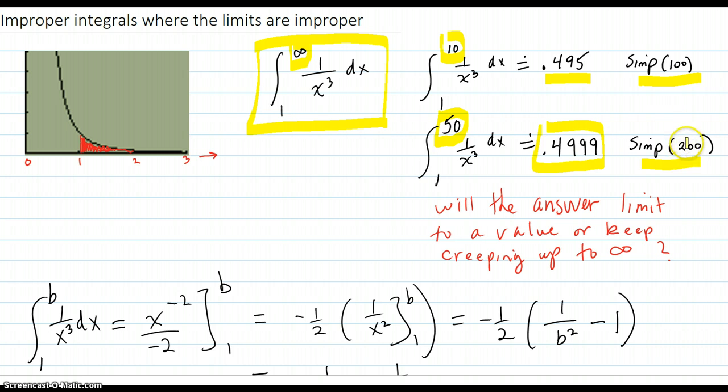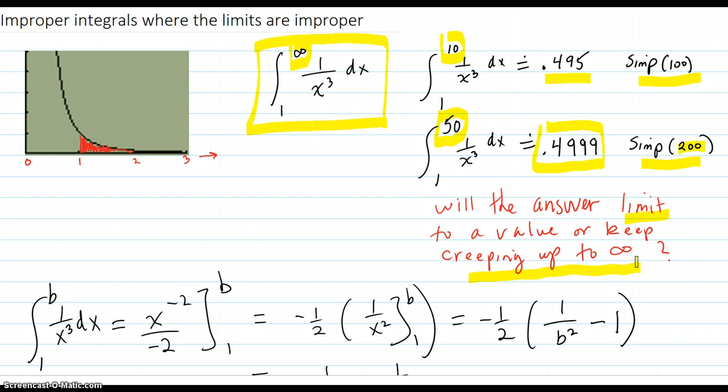We have a little limitation on our calculator because 200 is really not enough, because we're getting large numbers here. There's not enough sub-intervals, but if we get much higher than 200, our little calculator is going to stall, and you're going to be sitting there for 10 minutes, and you don't want to do that. So the question is, will the answer limit out to a value, or will it keep creeping up and eventually go to infinity?